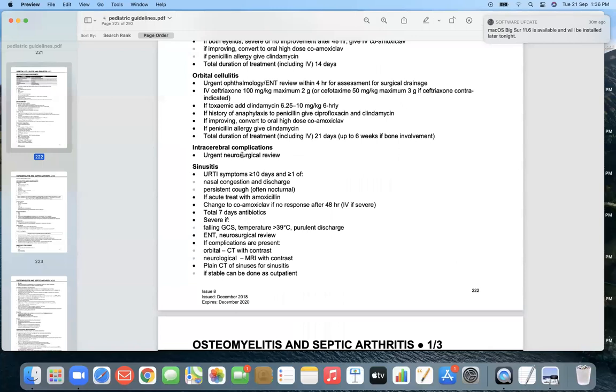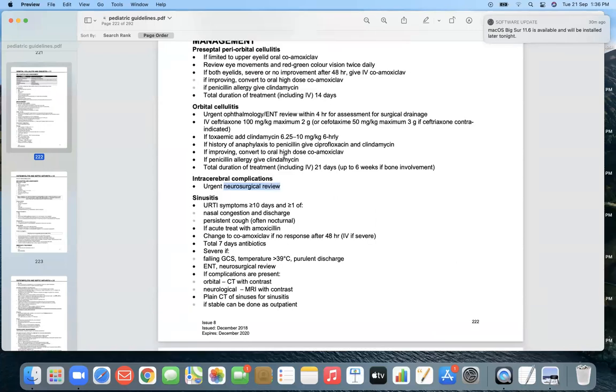Next is the intracerebral complications. So you will also have to involve urgent neurosurgical review. So the team here will be pediatrician, ophthalmologist, ENT, and neurosurgery also if there are complications.